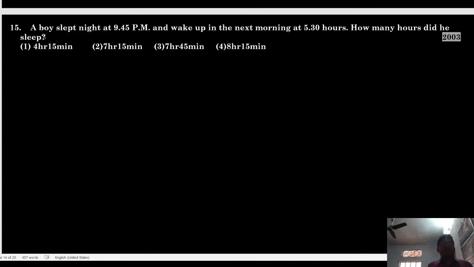Fifteenth question. A boy slept tonight at quarter to 10 PM and woke up the next morning at five thirty. How many hours did he sleep? We have to find the duration of time.